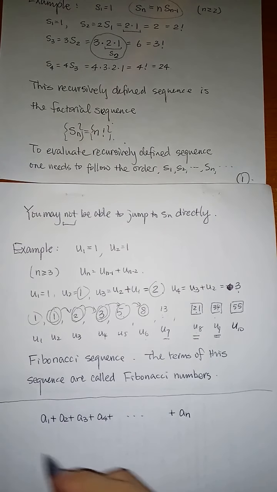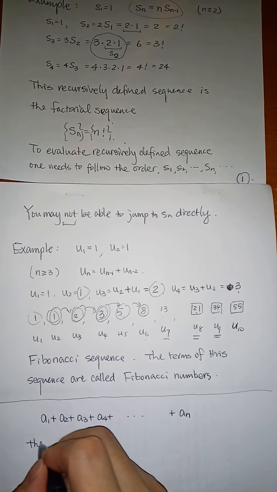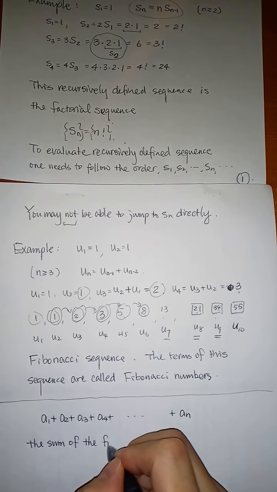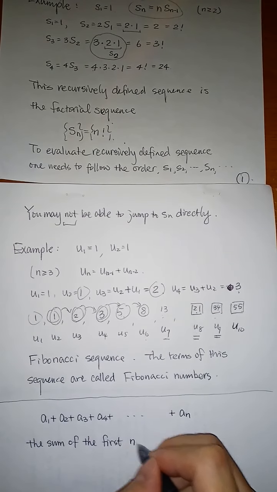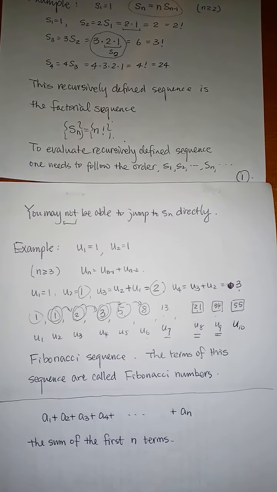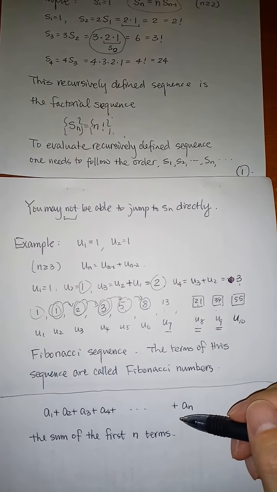So that is the sum of the first n terms. Each one is called a term: the first term, second term, third term, fourth term, nth term. You add the first n terms together.